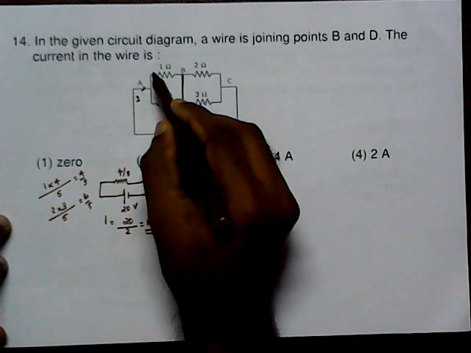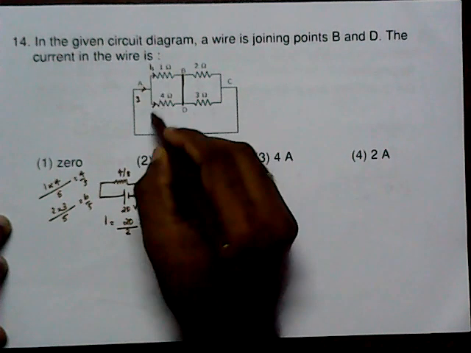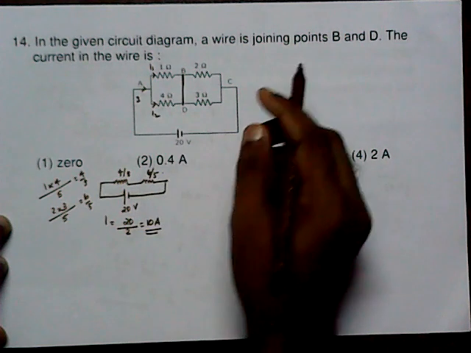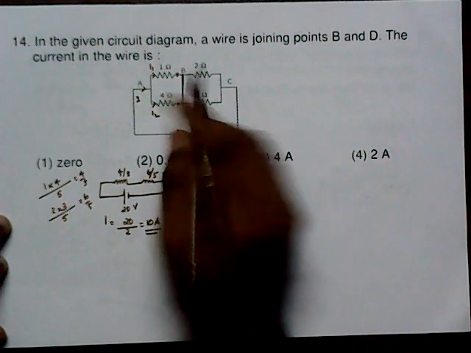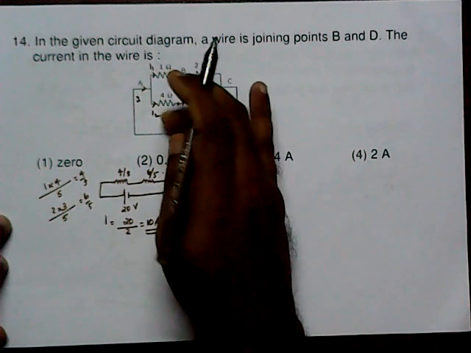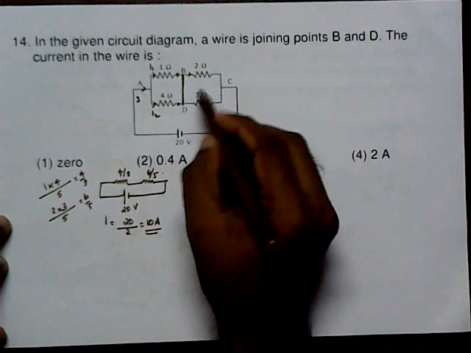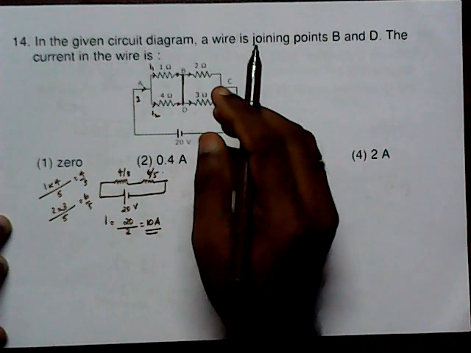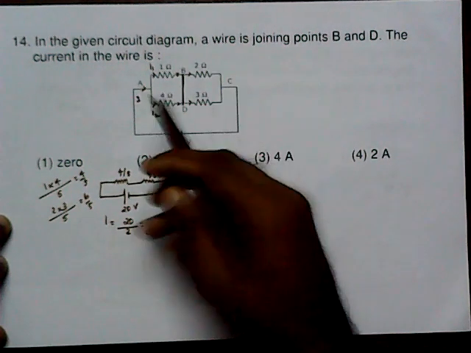Suppose here it splits into two, which we call I1 and I2. Entering the BD part, I1 and I2 together make the 10 ampere. Whatever may be the case, after BD it should also be 10 ampere.